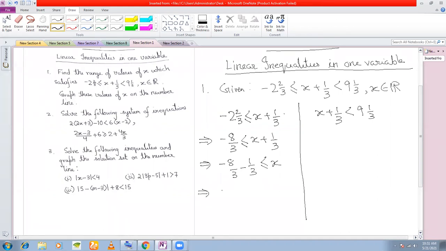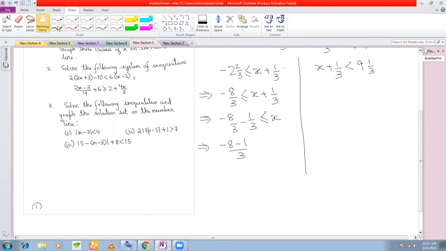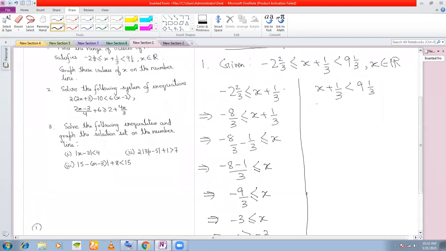That means minus 9/3 less than or equal to x, that means minus 3 is less than or equal to x. That means x must be greater than or equal to minus 3. So you know all these rules of reversing the inequality sign and all.